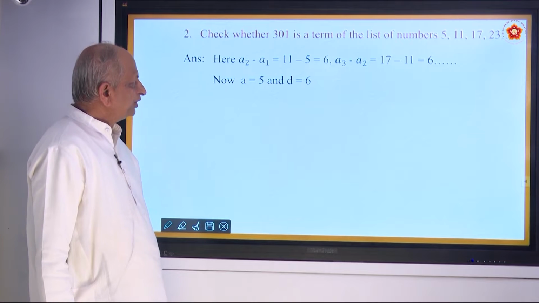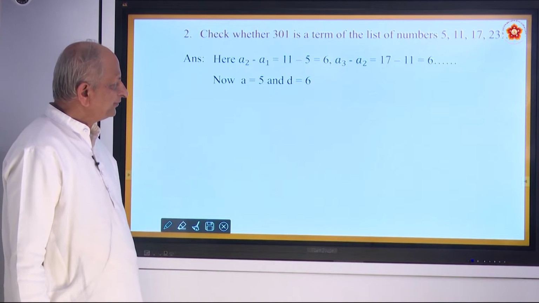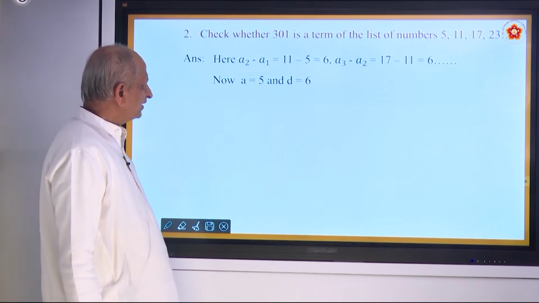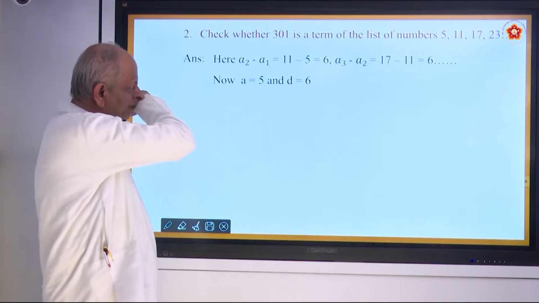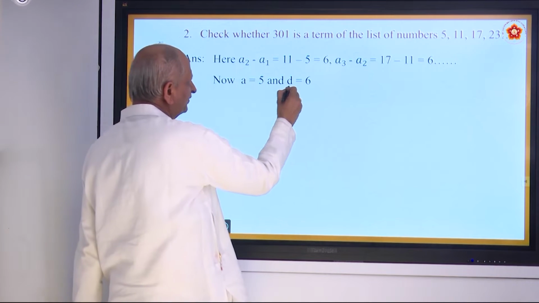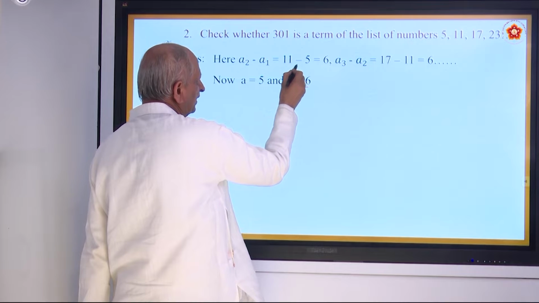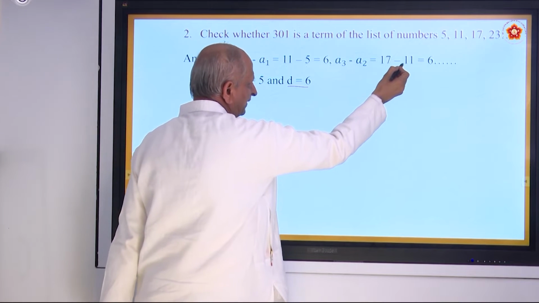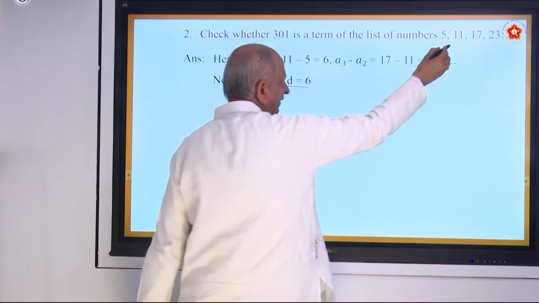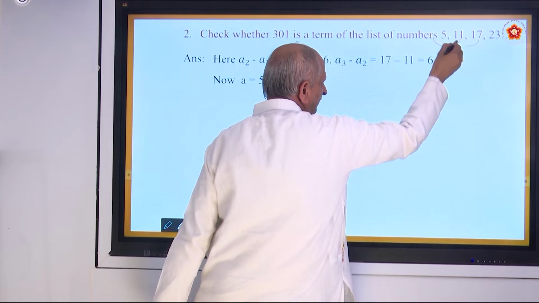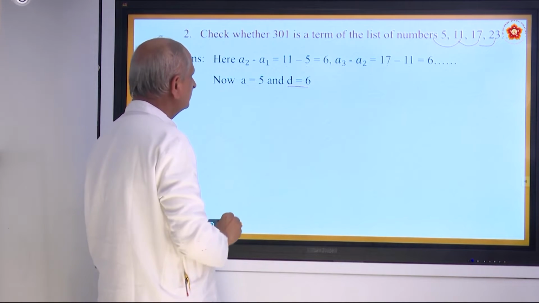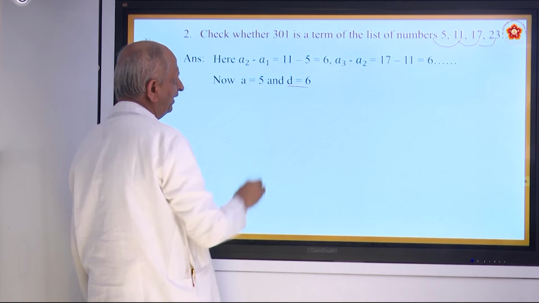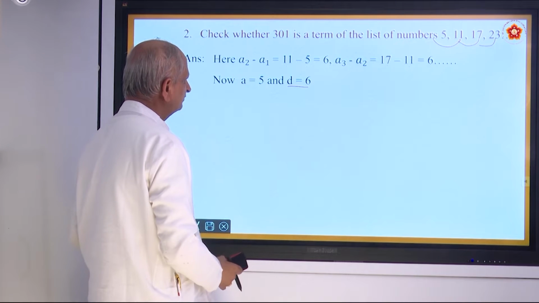Check whether 301 is a term of the list of numbers 5, 11, 17, 23, etc. So here you see, you must know the common difference is 6: 11 minus 5, 17 minus 11, 23 minus 17, all are equal, and the first number a is equal to 5.